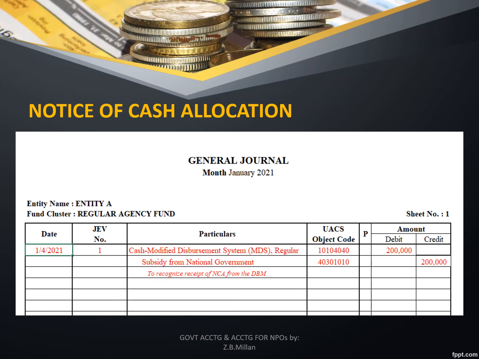So in recording the transaction sa ating general journal, lagay lang yung date of receipt of the cash, job number, which is the reference of the transaction, and a receipt of cash. So we will debit cash modified disbursement system regular.